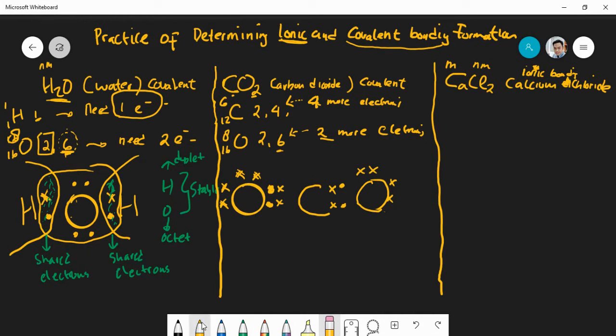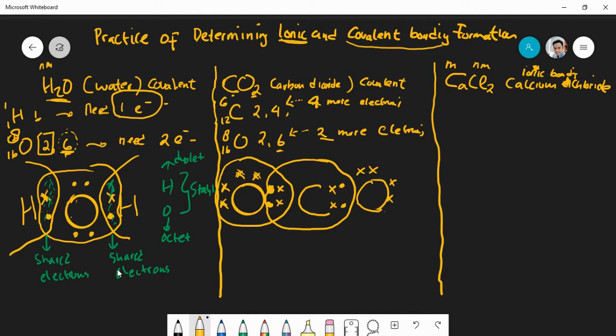So now if you draw the ownership, because those 2 electrons from oxygen are also shared, this is the ownership of electrons in the carbon. If you count the electrons inside it, it's going to be 8. And the oxygen will be this.